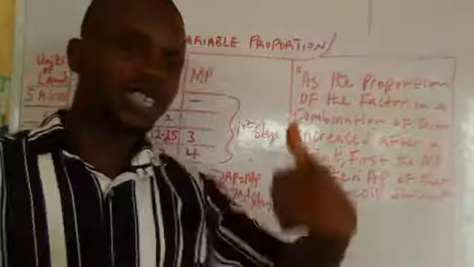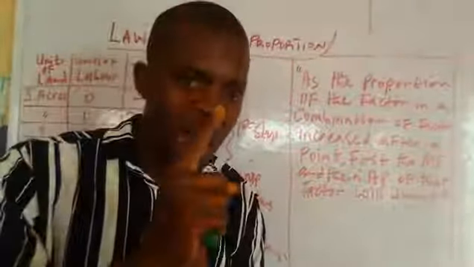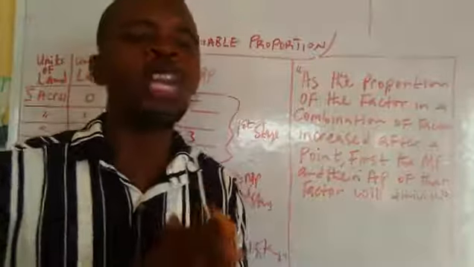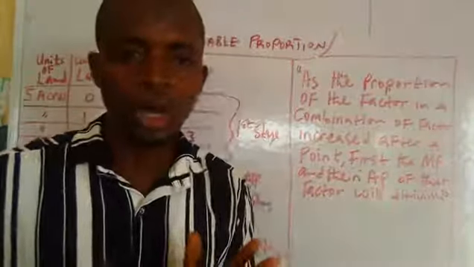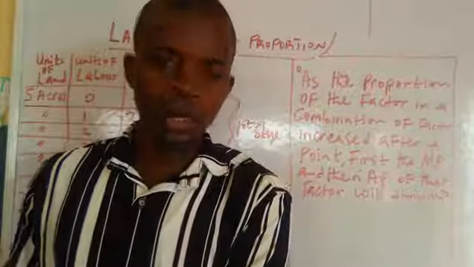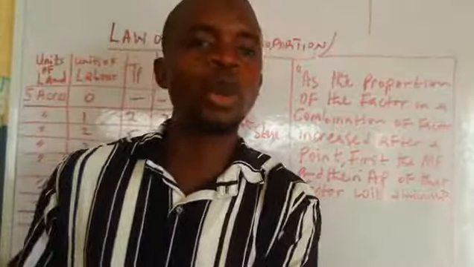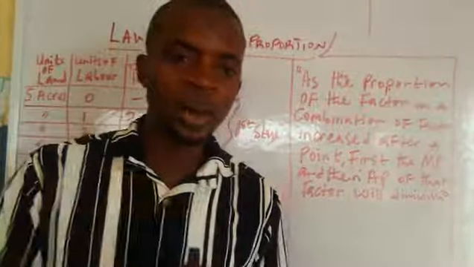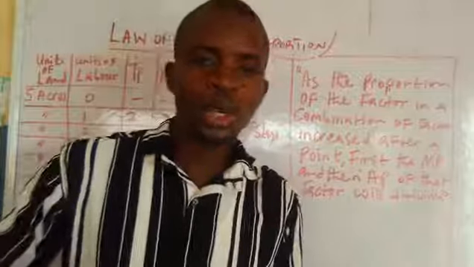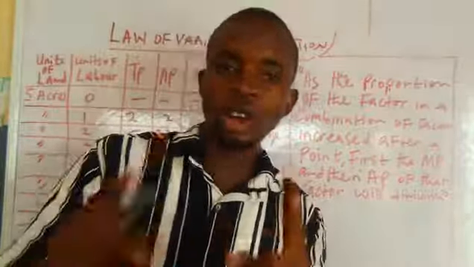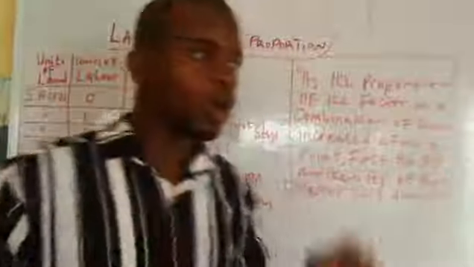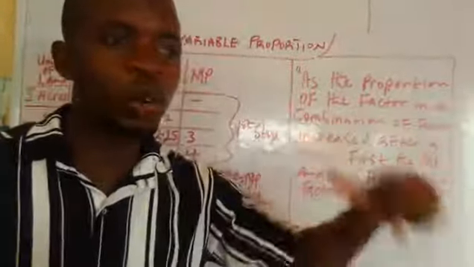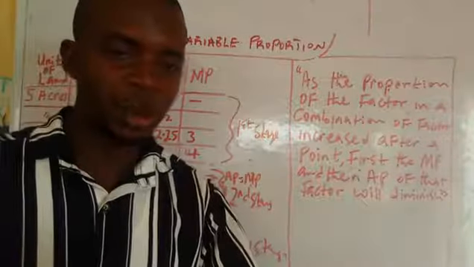So we can only have the law of variable proportion in the short term. We don't have it in the long term, because the long term is a period whereby all our inputs are variable. But in the short term, not all inputs are variable; rather, one of the inputs must be fixed. So assumption number two is that the situation must be in the short term period.